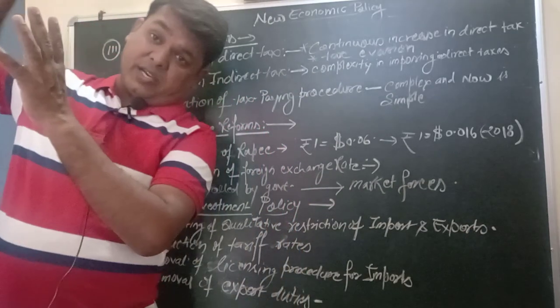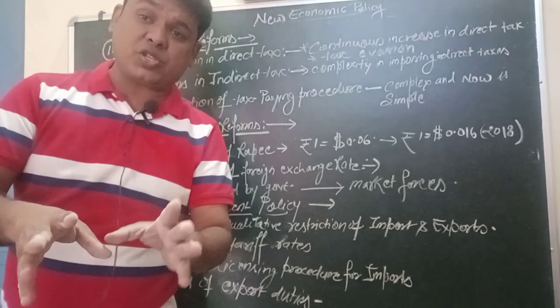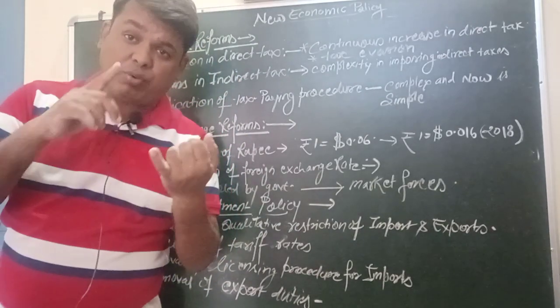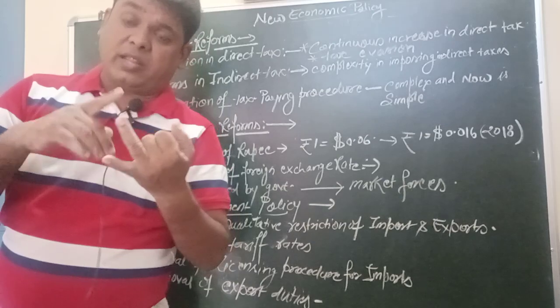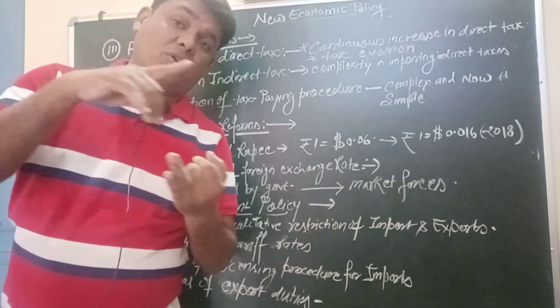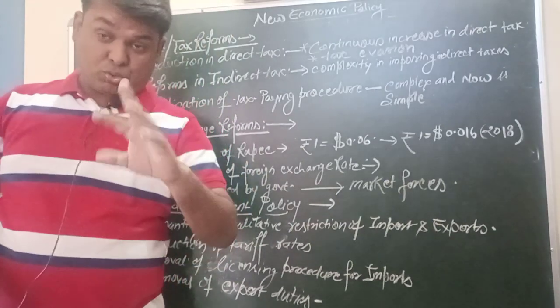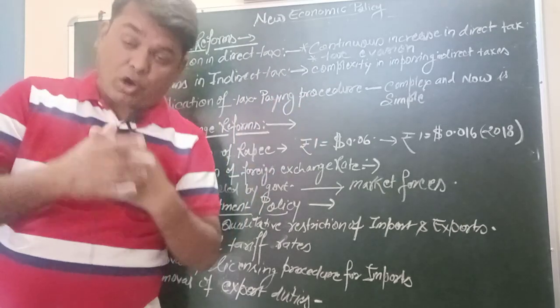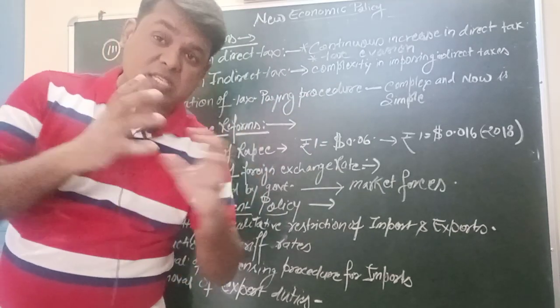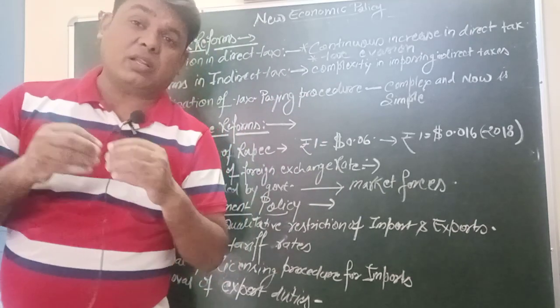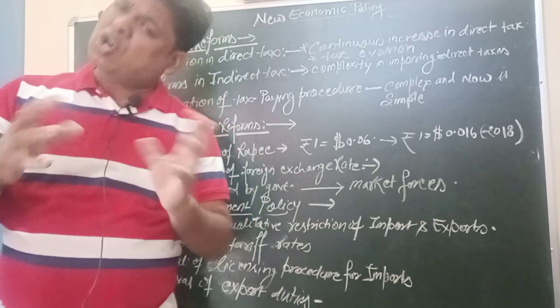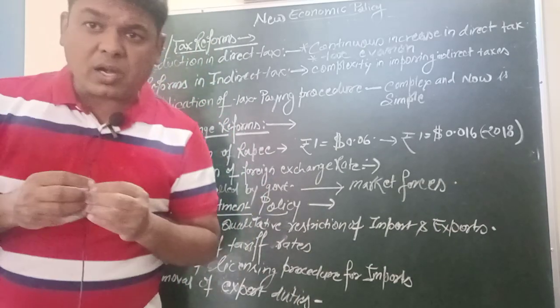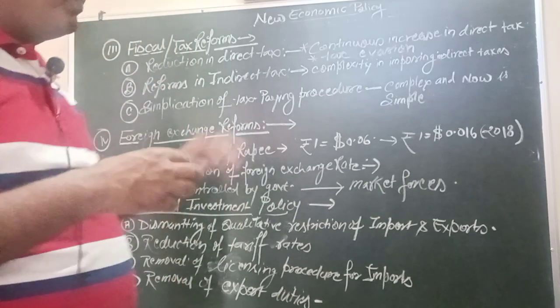Before 1991, it was a very tough procedure: you had to hire an advocate, and the advocate had to file your tax with the central government, declaring how much you had in sales and how much in imports.